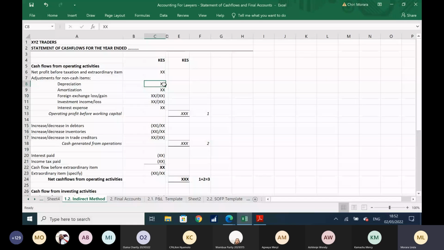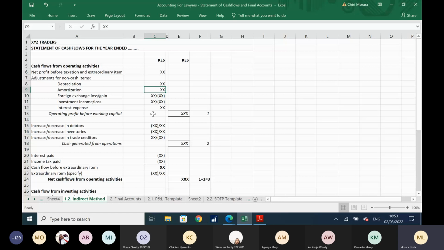I have already explained that for depreciation, and the concept should be the same for your amortization. Amortization is basically just depreciation, only that you use it for intangible assets. You have software, you have goodwill, whatever is intangible and you want to depreciate, it's a matter of semantics, really.